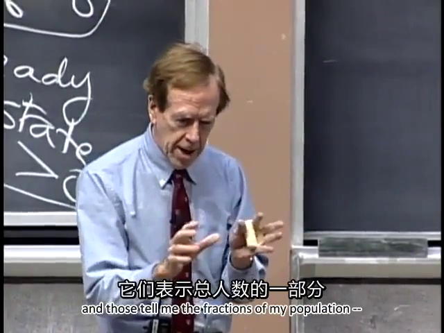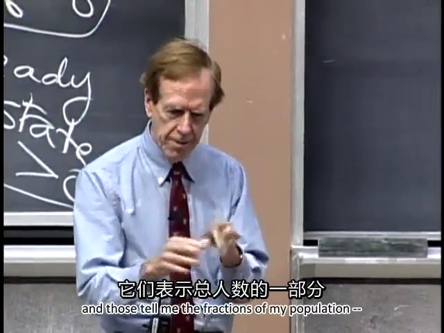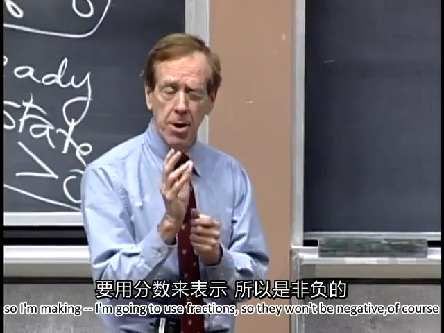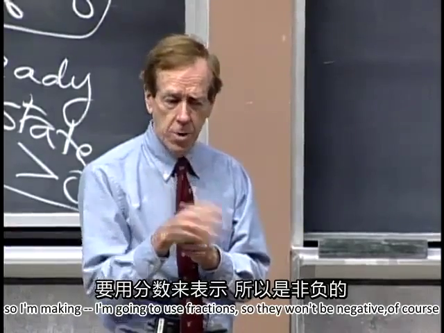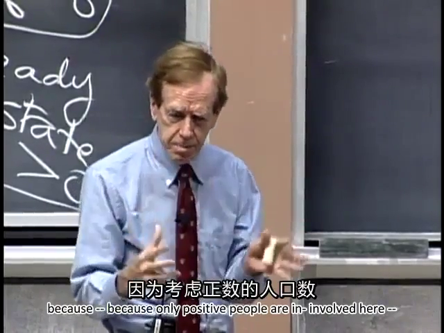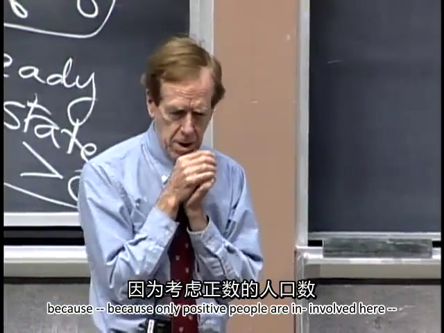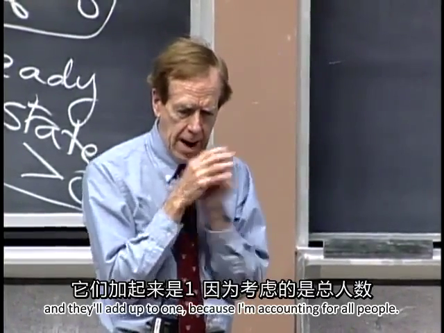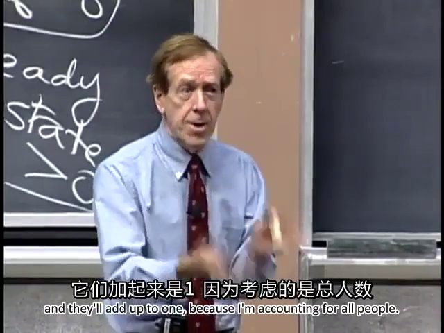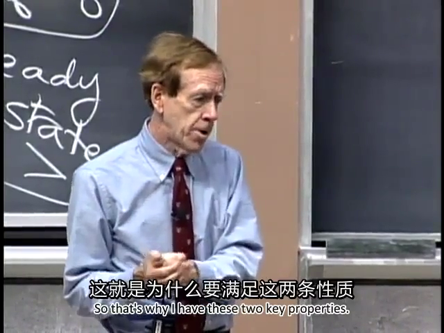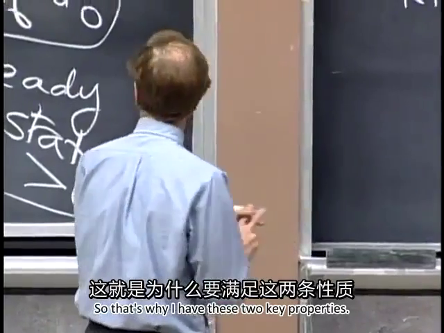And those tell me the fractions of my population. So I'm going to use fractions. So they won't be negative, of course, because only positive people are involved here. And they'll add up to 1 because I'm accounting for all people. So that's why I have these 2 key properties.